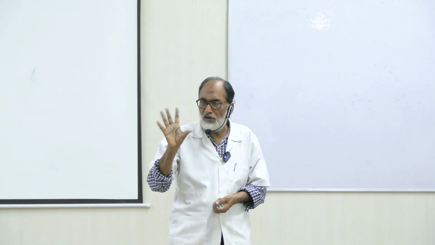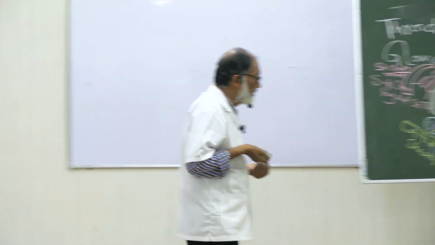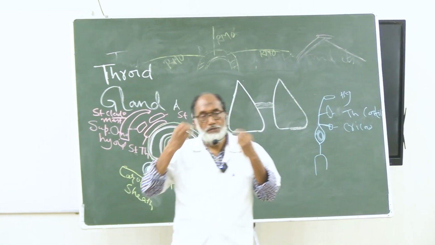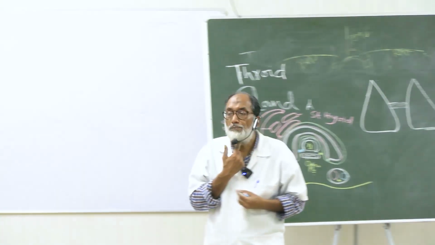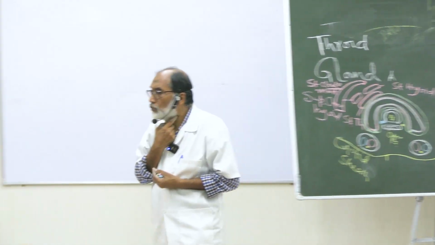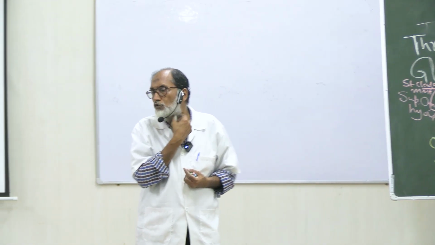Where lymphatics go from the upper part, there is prelaryngeal lymph node and jugulo-digastric lymph node.